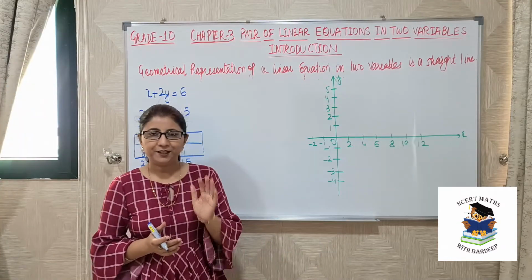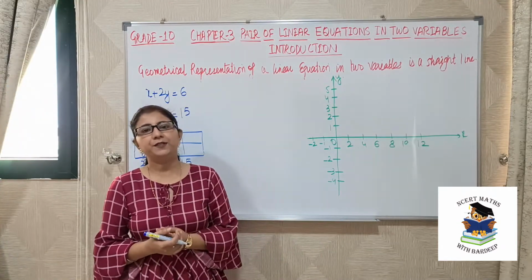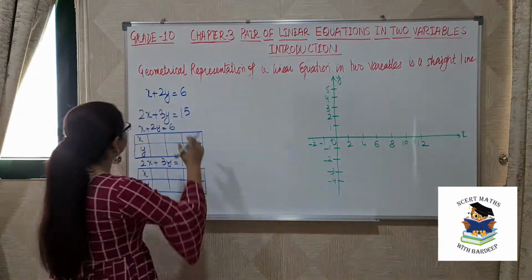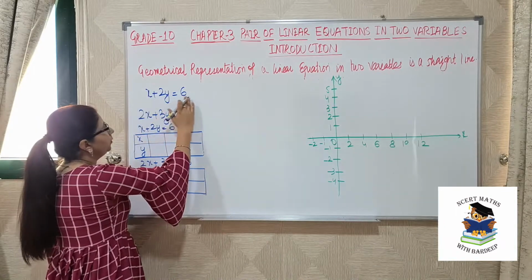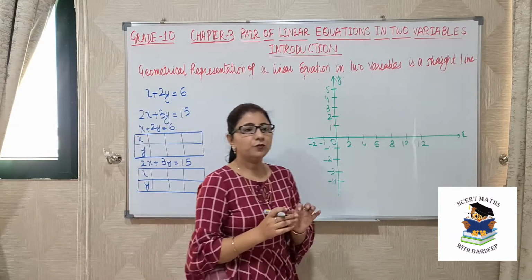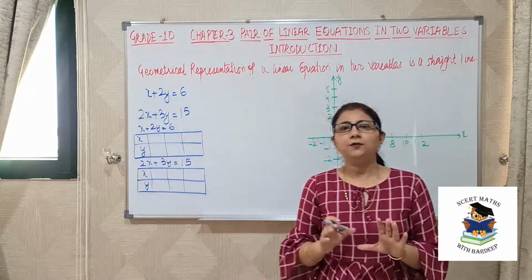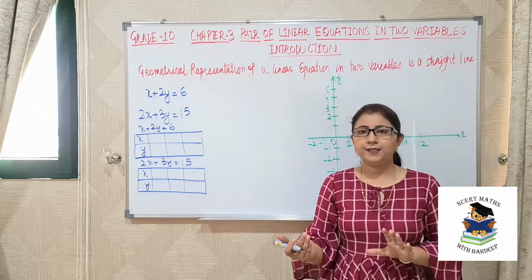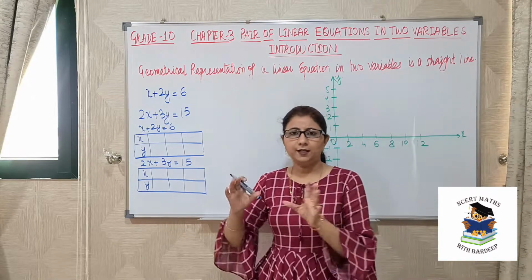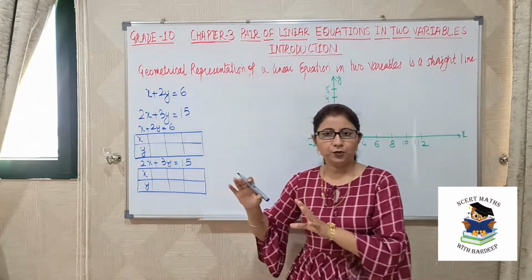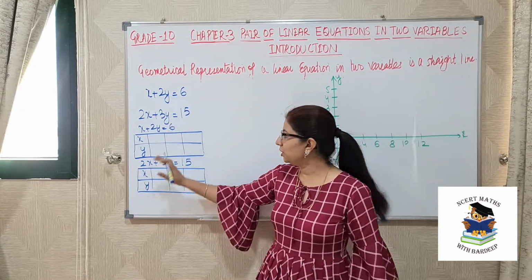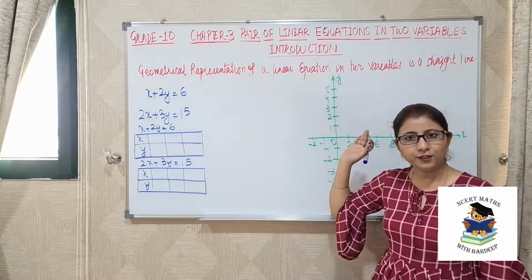Suppose I am taking these two equations, that is x plus 2y equals 6 and 2x plus 3y equals 5. First of all, we should make a table in which we will put different values of x and y for each equation, and then take any 3 points and plot your straight line for that particular equation. So we will make two different tables, one for each equation, and then we will plot them on the graph.